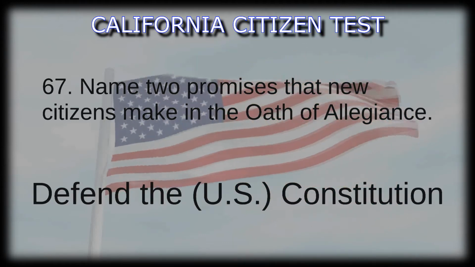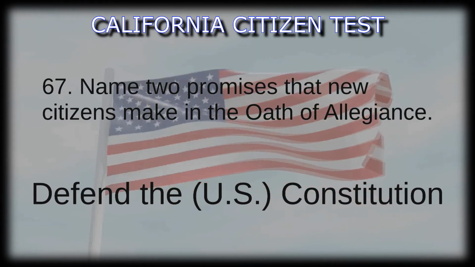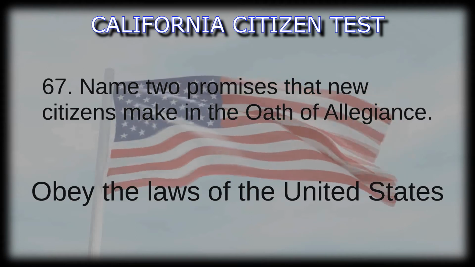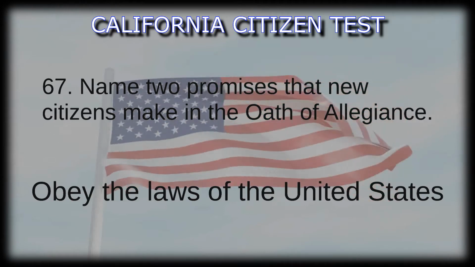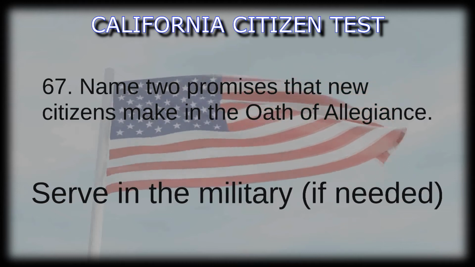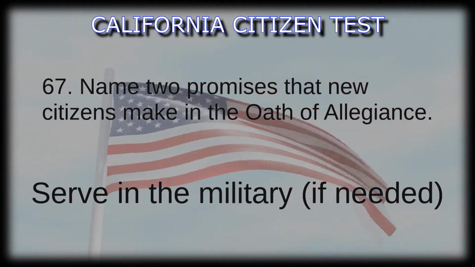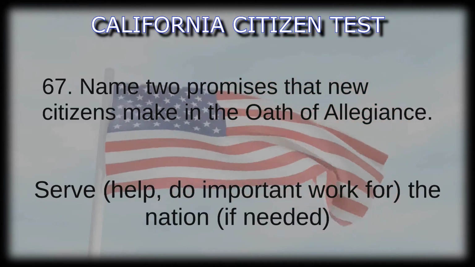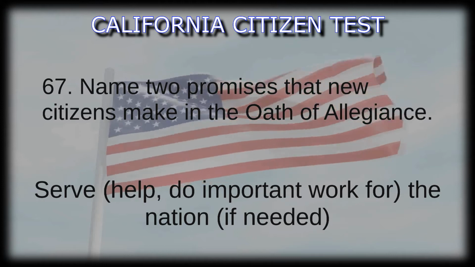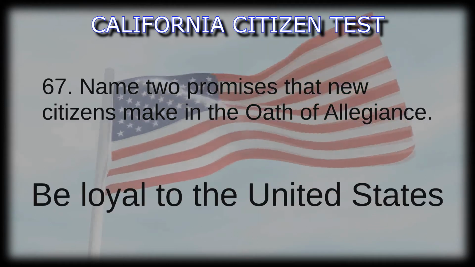Defend the U.S. Constitution. Obey the laws of the United States. Serve in the military, if needed. Serve, help, do important work for the nation, if needed. Be loyal to the United States.